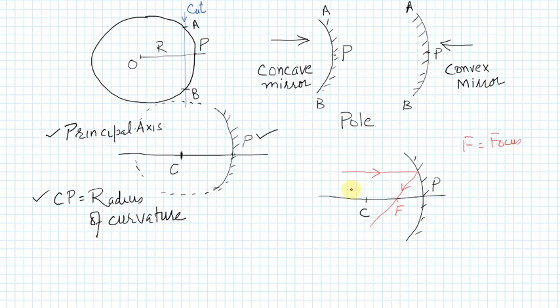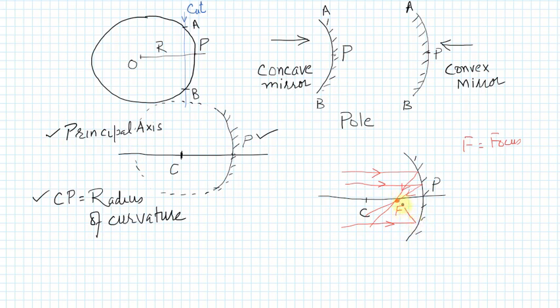It is true for any incident ray which is parallel to the principal axis. After reflection, it will pass through the same point F. It could be even below the principal axis, but the only condition is it has to be parallel to the principal axis.